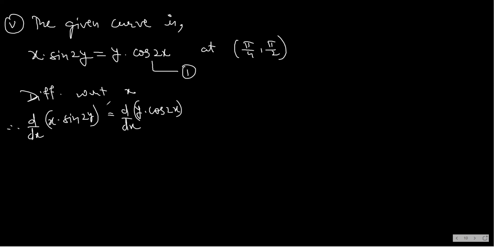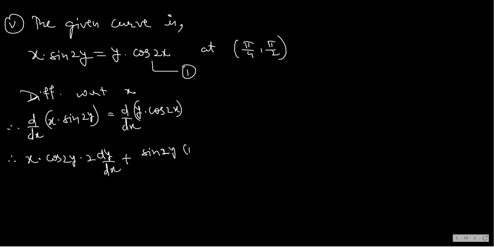So we have x times the derivative of sin 2y, which is cos 2y into the derivative of 2y, that is 2 dy by dx, plus sin 2y into the derivative of x with respect to x, which is 1. We are using the product rule here.